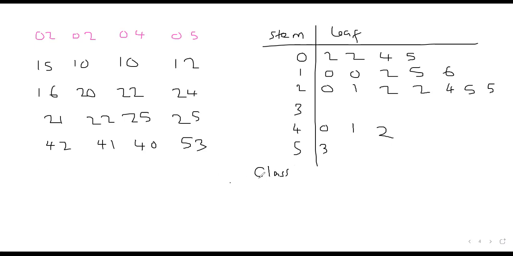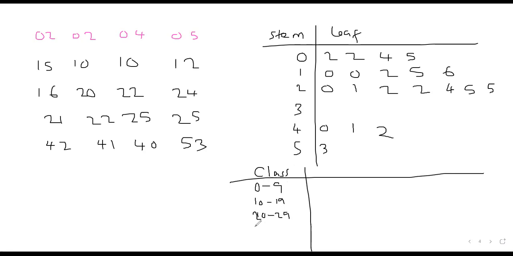For instance, this is 0 to 9, and this is 10 to 19. And we have 20 to 29, 30 to 39, 40 to 49, and 50 to 59.